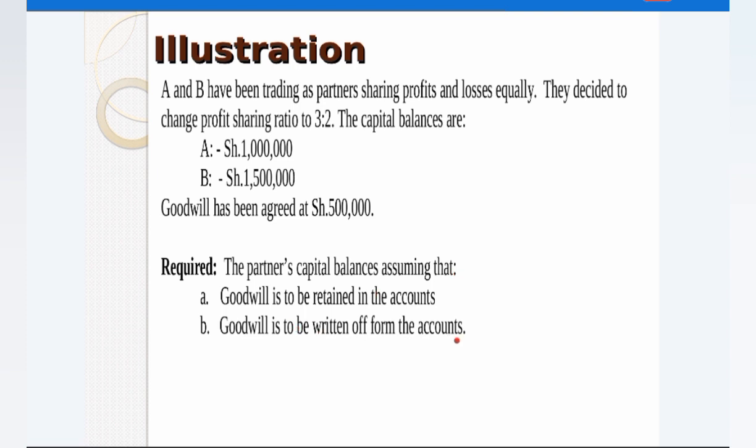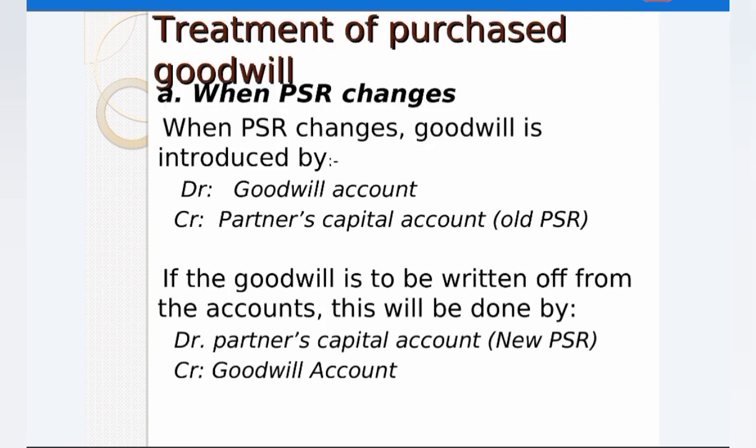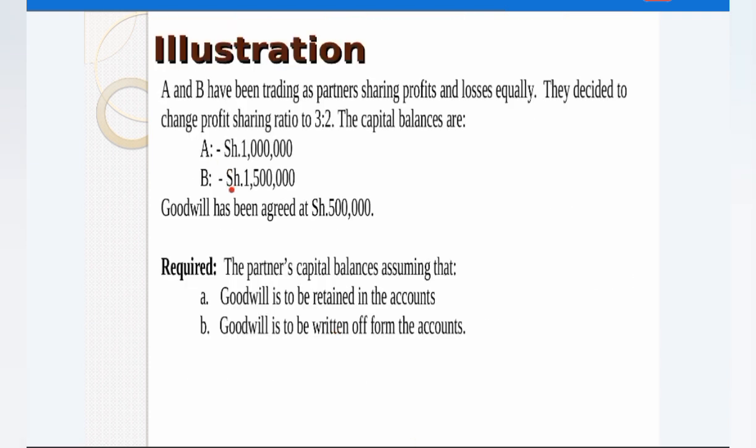So we said, when we introduce goodwill, what are we supposed to do? When we introduce goodwill, the transaction that we pass is to debit the goodwill account. And in this case, we have been told that the goodwill is 500,000.